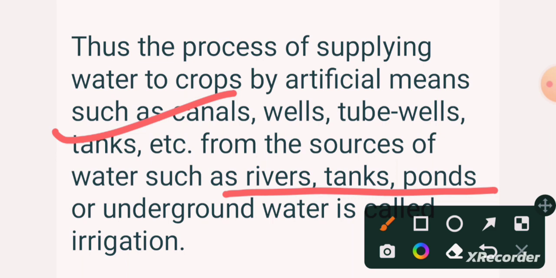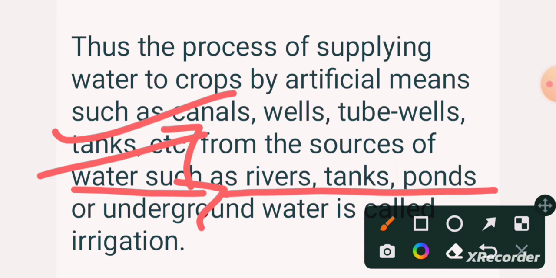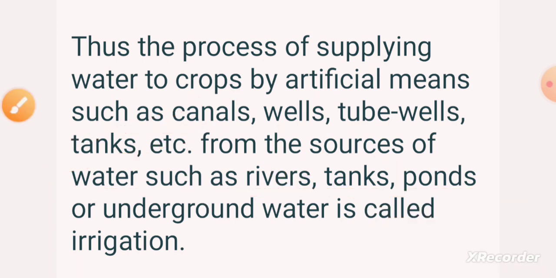So this is the source, and this is the medium. The water is transferred through this medium from the source of the water. So this is the definition of irrigation: the process of supplying water to the crop by artificial means such as canals, wells, tubewells, tanks, etc., from the source of water such as rivers, tanks, ponds, or underground water.